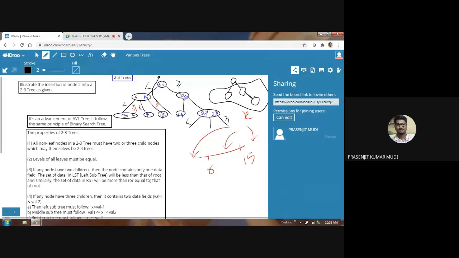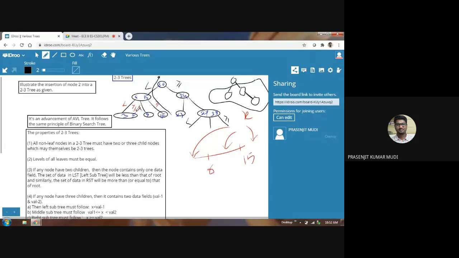It has two branches, a left branch and a right branch, each following a policy. In the left branch, the node value should be less than this value, and in the right branch it must be greater than or equal to 24. This is for the node having two children.